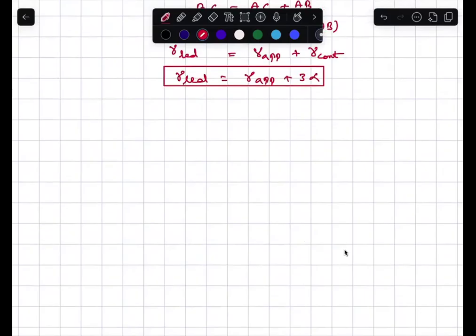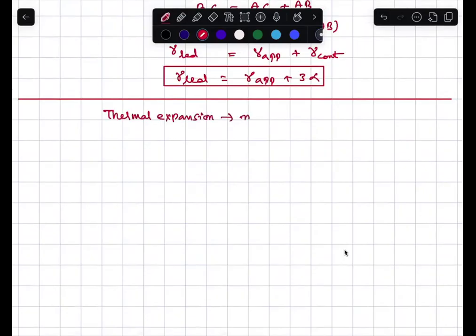For example, you take a matter in the form of either solid or liquid, because it is applicable for both. See, in thermal expansion process, mass remains a constant.